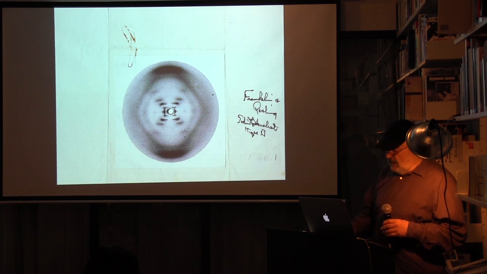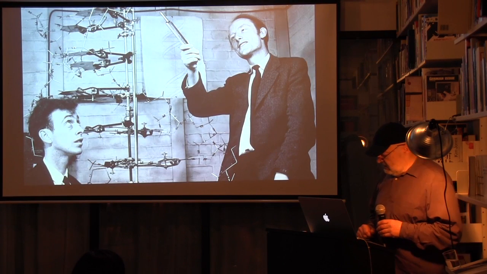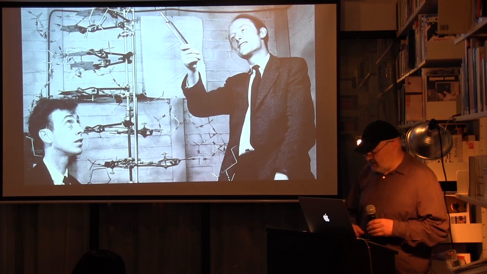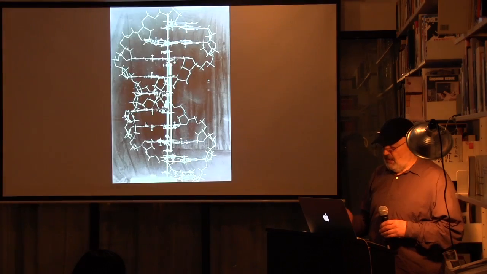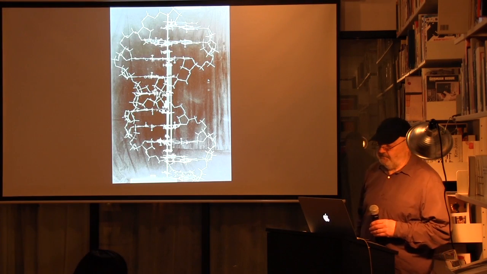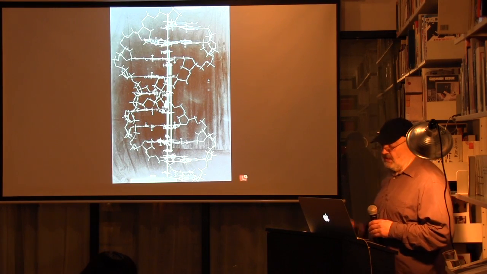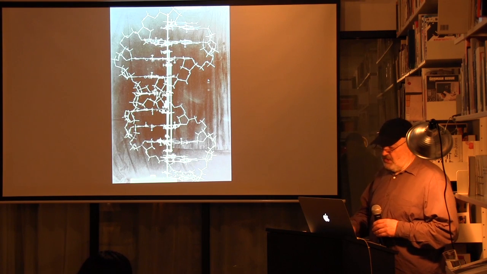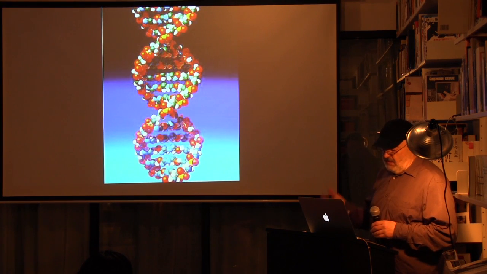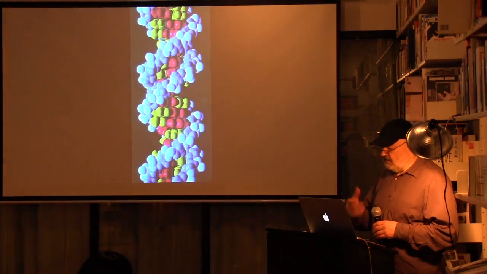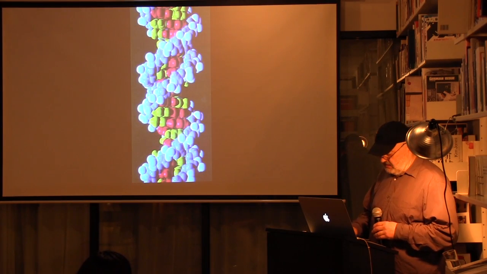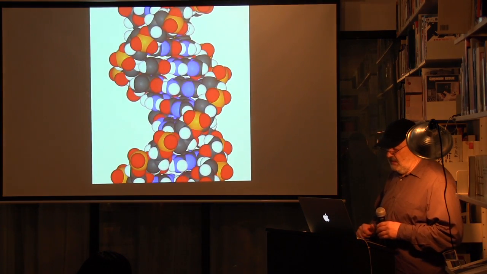And James Watson and Francis Crick came up with this double helix structure. This is the earliest version, which today has become multiplied in various combinations and variations, as we can see here.